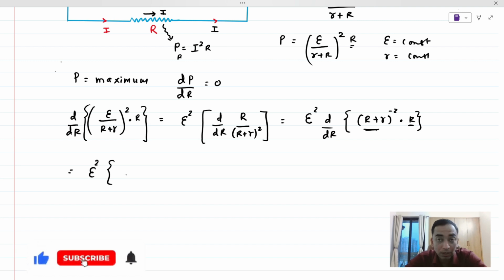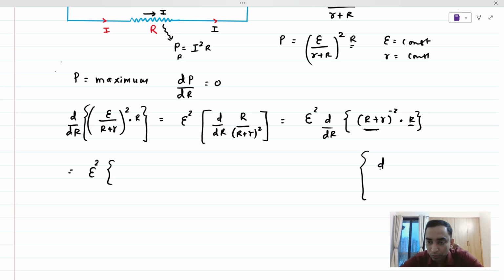Please note, I'm just going to write down the rule of differentiation over here. Suppose d by dt of x times y is equal to x dy by dt plus y dx by dt. So I'm going to take one function as constant and differentiate the other one.